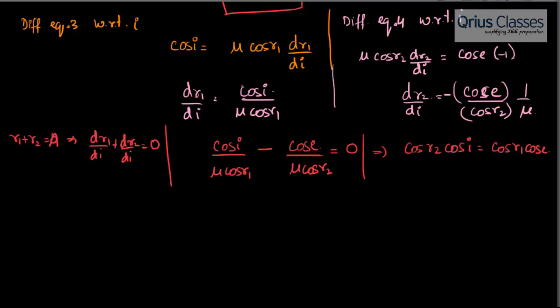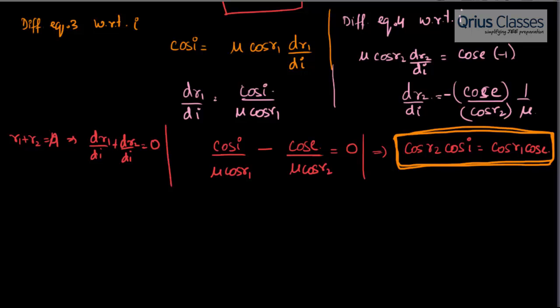Okay, so we have this relation with us, and now we're going to use this relation. So let's square this, because we know sine of R2, sine of I and everything, right?